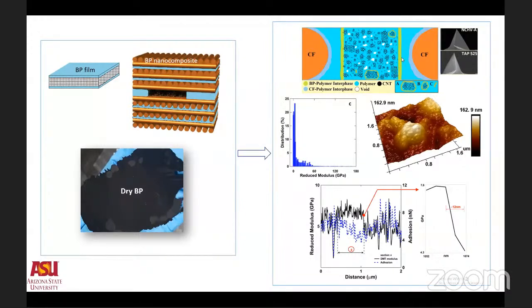The technique that we use is an atomic force microscopy based technique, PeakForce quantitative nanomechanical mapping. We look at the heterogeneity and homogeneity of the bucky paper at different length scales, and at the end we are going to look at the interface thickness of the bucky paper.